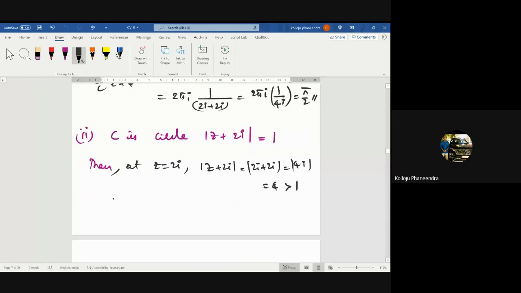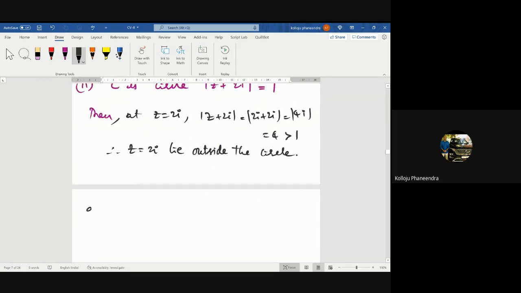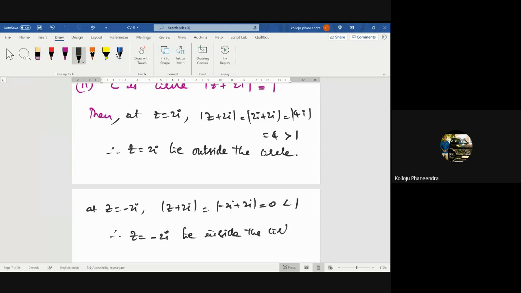Therefore, z equal to 2i lies outside the circle. Now, at z equal to minus 2i, mod z plus 2i is equal to minus 2i plus 2i. That is 0, less than 1. Therefore, z equal to minus 2i. Now, this point lies inside the circle.